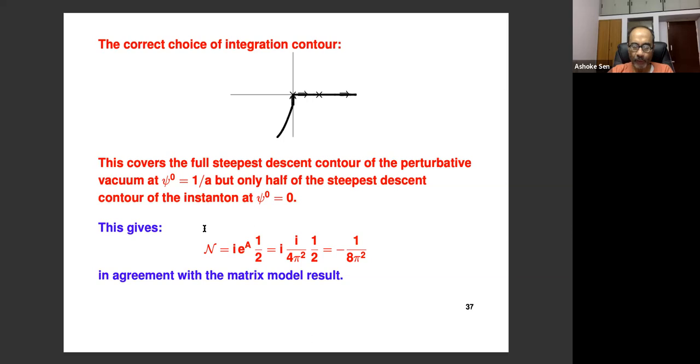So that fixes the normalization to be i times e to the a times half. If you put together the expression for a and everything else, you get this minus 1 over 8 pi square, which is precisely what the matrix model gives you. So that basically finishes the calculation of n.